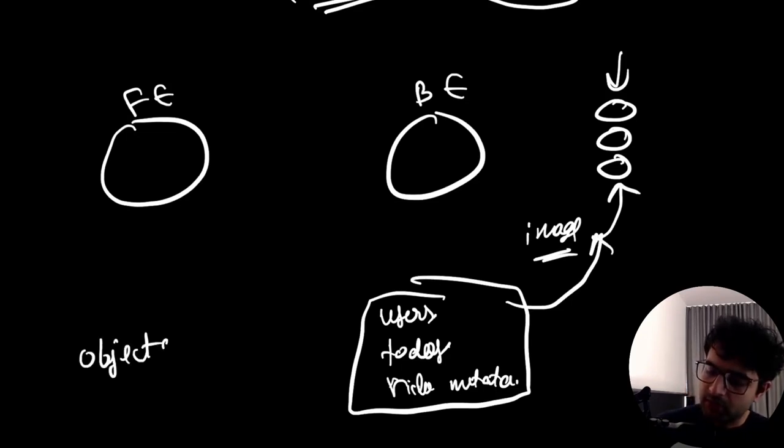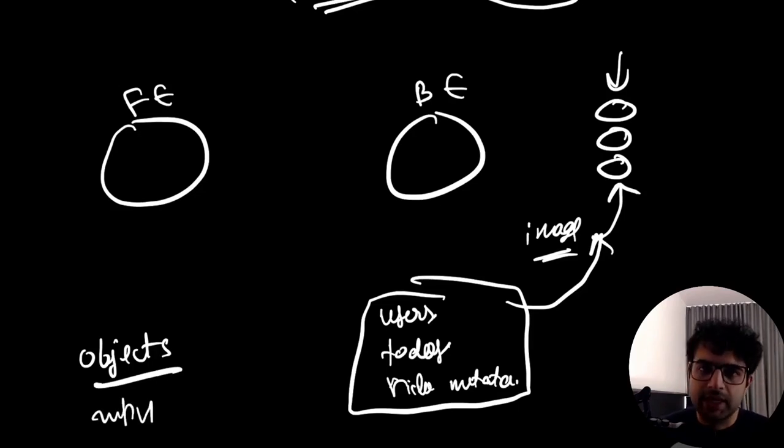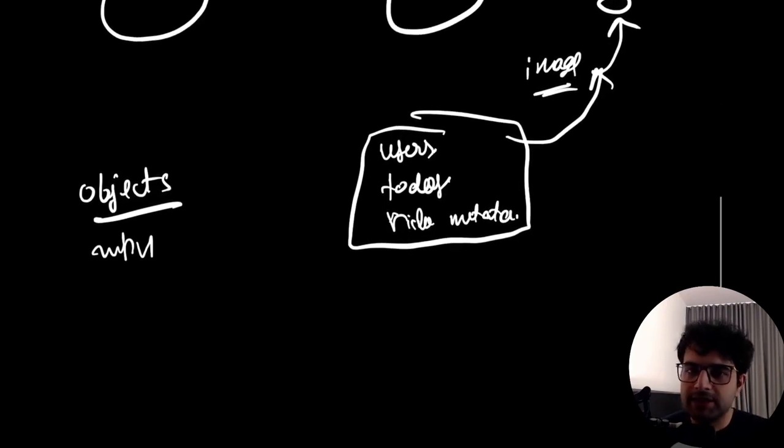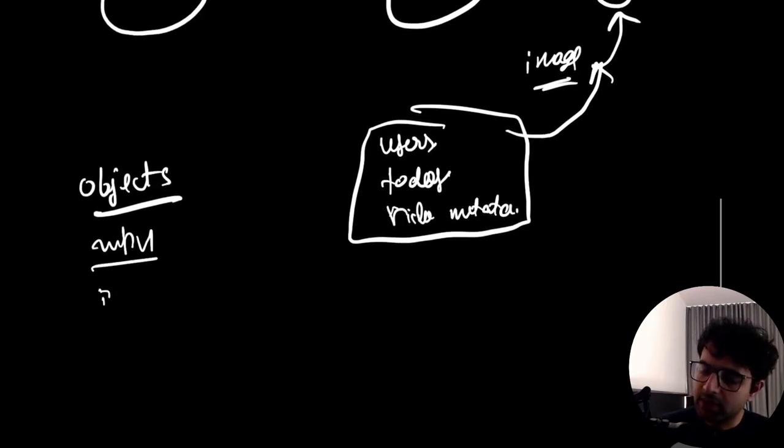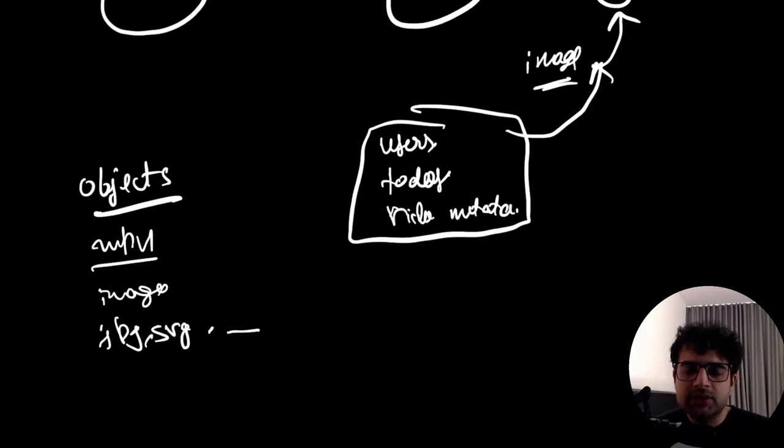Objects. What do I mean by objects? The final MP4 file that gets streamed to you, let's say on YouTube. YouTube does not stream MP4 videos, but you get the idea. Whatever format they stream, all those files, images, JPEG files, SVG files, should never be stored in a database. They don't reside in a Mongo or a Postgres.